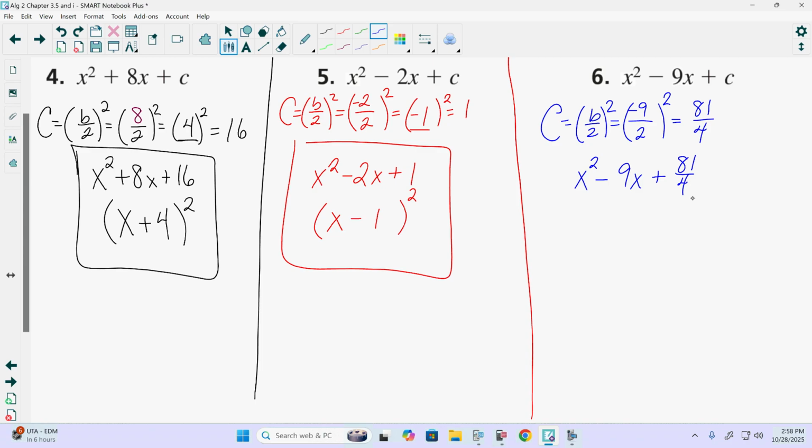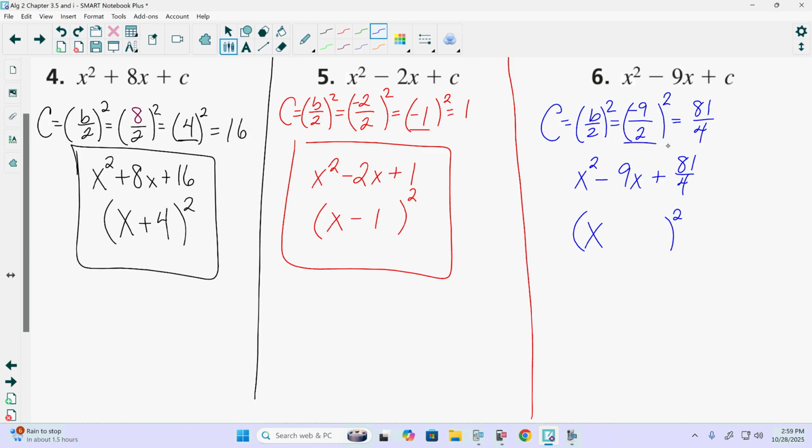And if you're wondering, yes, the value of c is always going to be positive because we're squaring b over 2. That number being squared, even if what's inside is negative, is going to come out as positive. Now we're having to factor for this here.